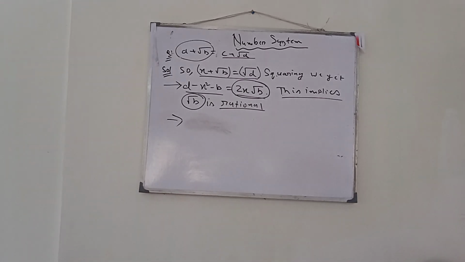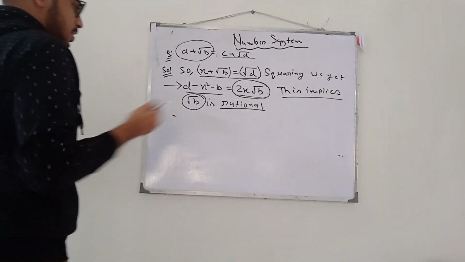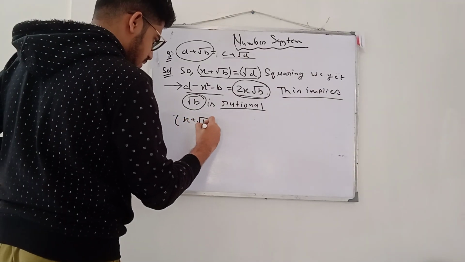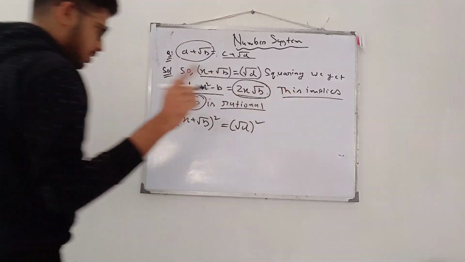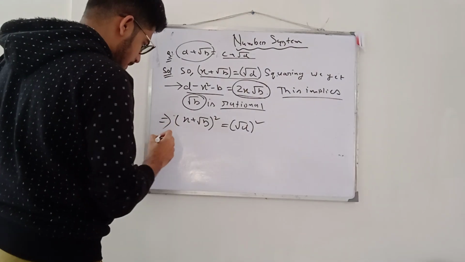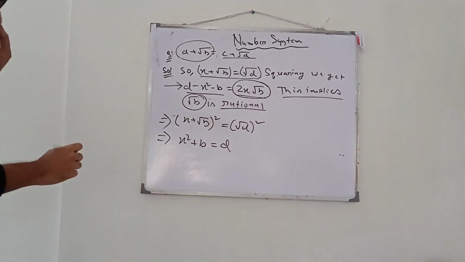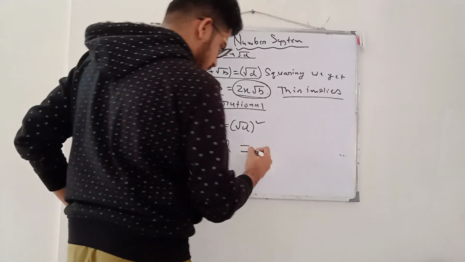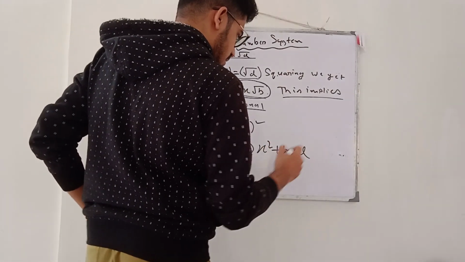Okay guys, I think this is the formula. Suppose we are squaring both sides: x plus root b whole square is equal to root d whole square. Now x square plus b is equal to d. When this b comes to this side, it is x square plus b minus d.